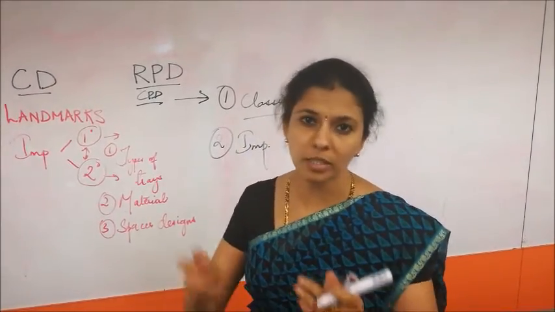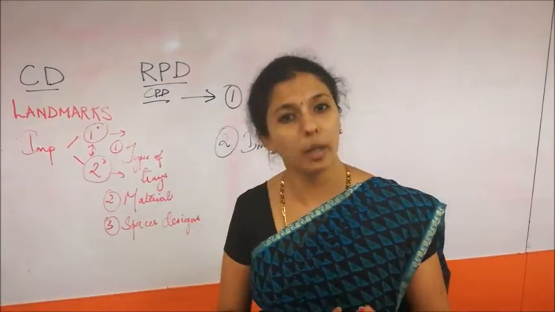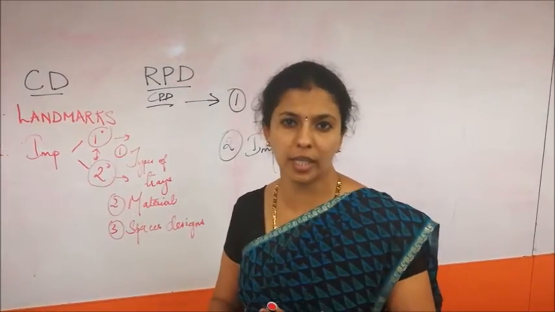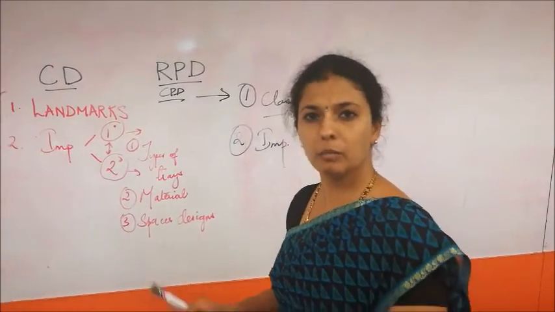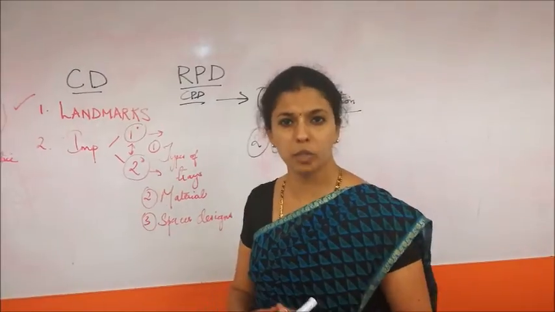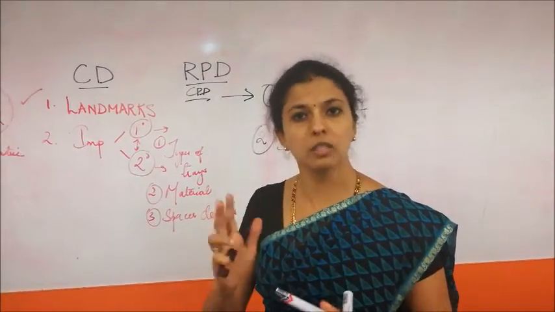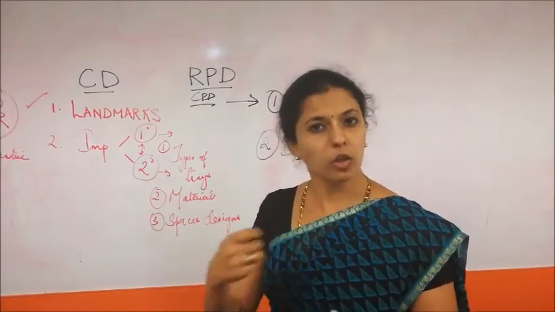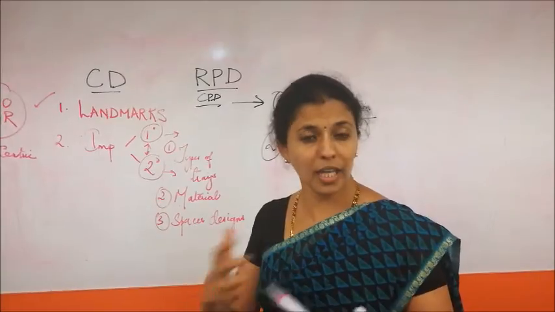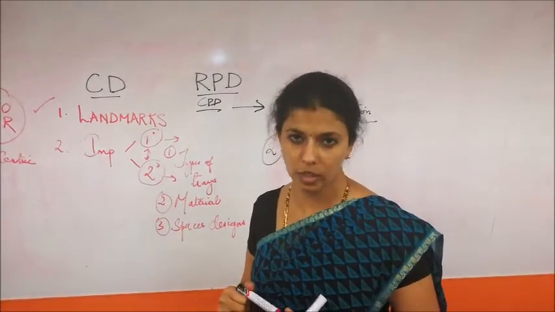We may also keep a simulated model on which you may have to demonstrate the procedure of impression making, or maybe the chair positioning. How are you going to stand for a maxillary impression? How are you going to stand for a mandibular impression? You have undergone training in your clinical postings. So you can expect a question to demonstrate how you are going to make the impressions, how you are going to select the tray, and how you are going to stand while making the impressions. So this is one potential question.